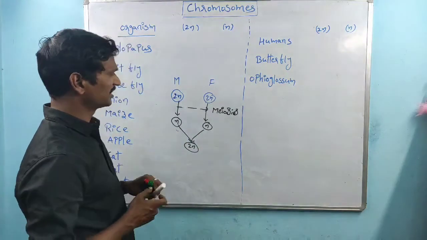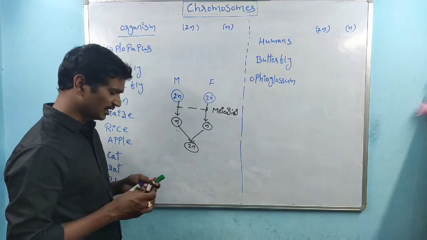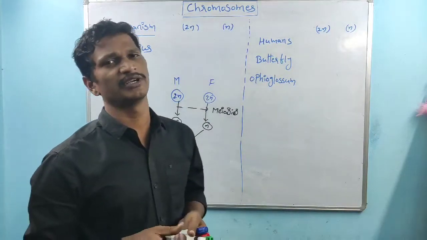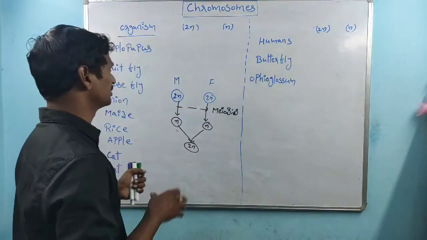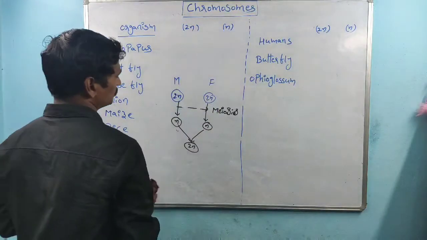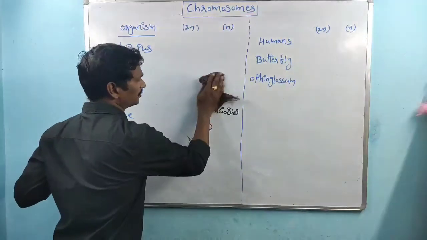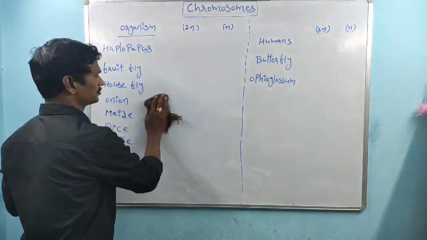So by this mechanism, in every species, in every generation, a constant number of chromosomes is maintained, right? So that is the introduction, the usage of meiosis: to maintain the constant number of chromosomes.